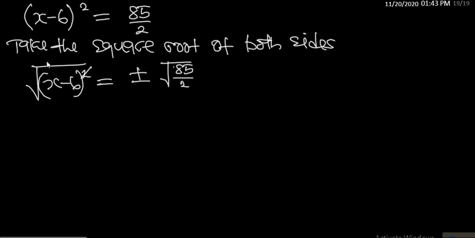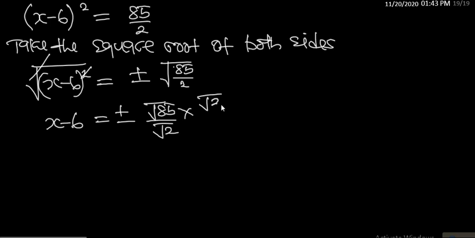So square and square root cancel each other here, so we have x minus 6 equals plus or minus, we can apply the rule of thirds over root 2, and of course we rationalize the denominator. So this will give us x minus 6 equals plus or minus square root of 170 all over 2.